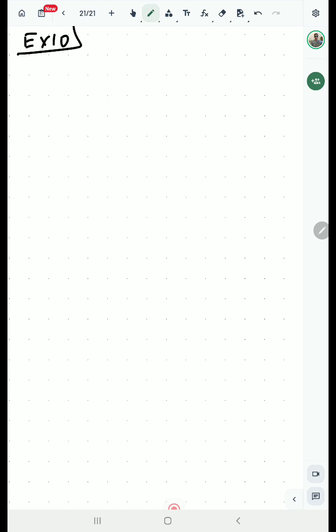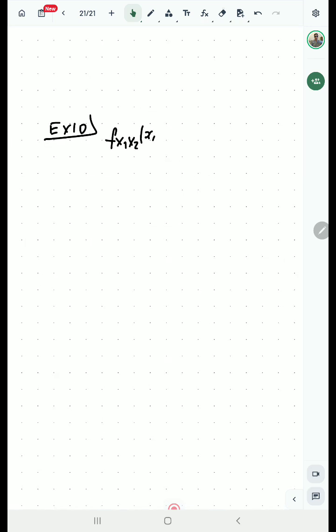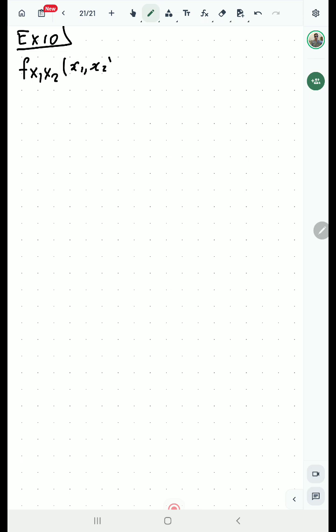In example 10 we have the joint density, which is equal to 10 times x1 x2, and the intervals of x are defined this way.